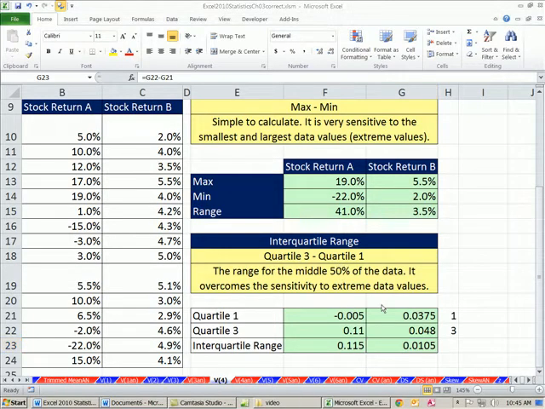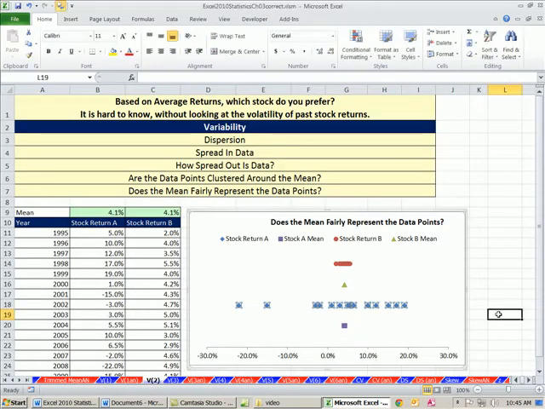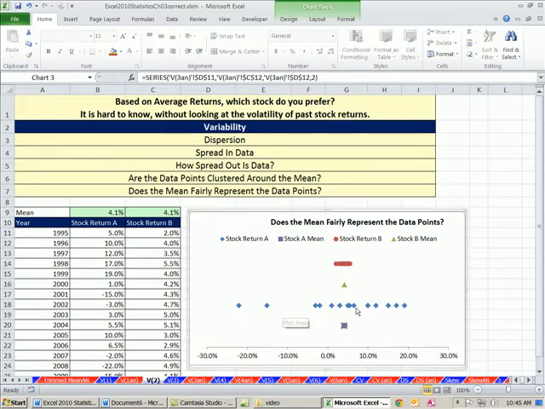All right. Now we want to talk about a numerical measure to calculate variability or dispersion that uses not just a few of the values, but all of the values. Let's go back to the sheet V2. Now, let's think about this. Here's the mean, and here's the individual data points. We're trying to come up with a measure to calculate variation.